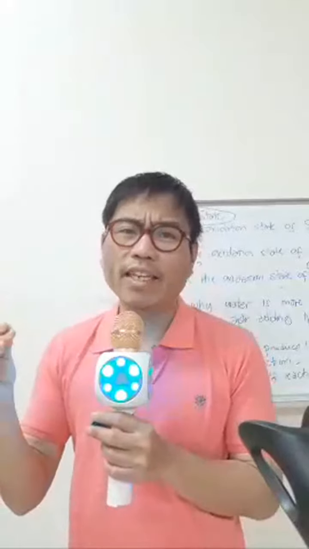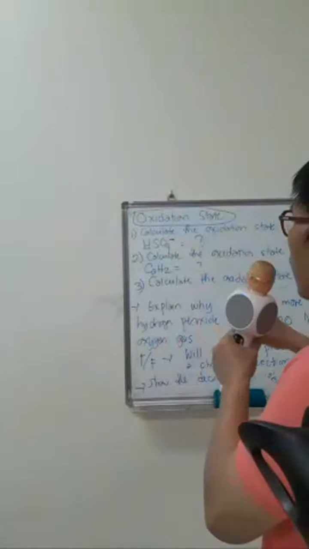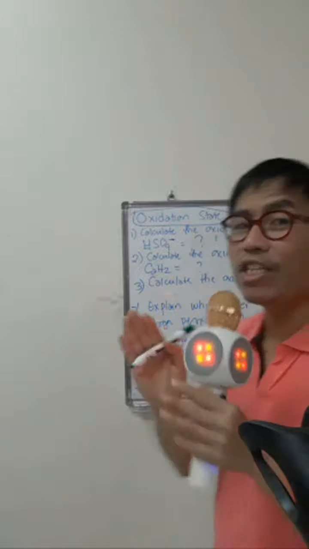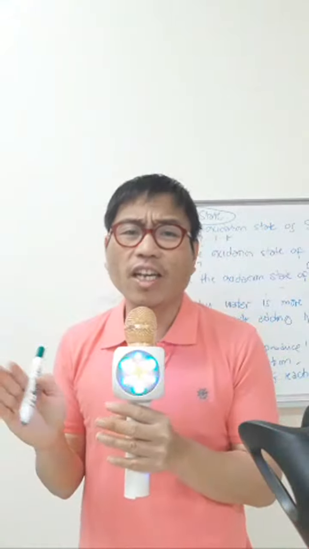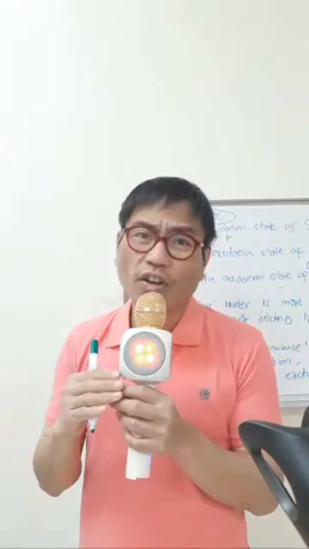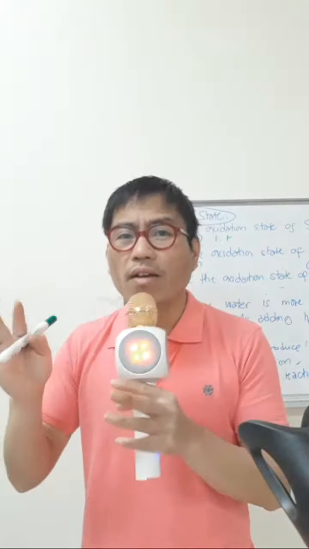We are dealing with how to determine the oxidation state and the oxidation number. So this is all addition. There's no subtraction in determining the oxidation number or oxidation state. Always keep that in your mind. Always plus and addition.